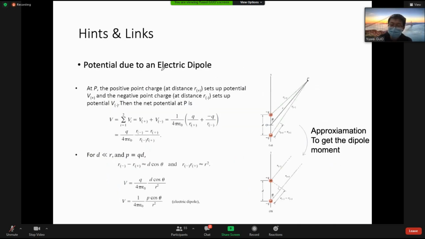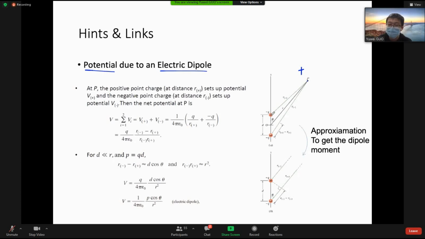First, for this problem, we need to calculate the potential in the electrical dipole situation. For the point P, we can calculate separately because the potential is a scalar, not a vector. So you can just calculate them separately and add them together.